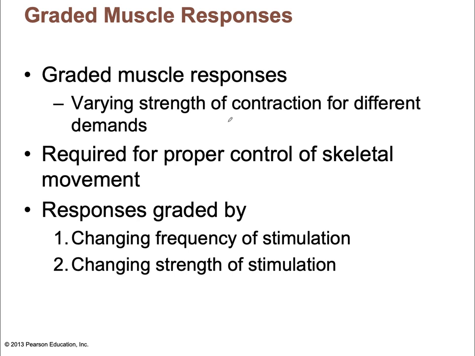And we change the response by either changing the frequency of the stimulation or the strength of the stimulation. By frequency of stimulation, we mean the number of action potentials per minute. And by strength of stimulation, we mean the number of neurons that are actually firing at the same time and talking to the different motor units.